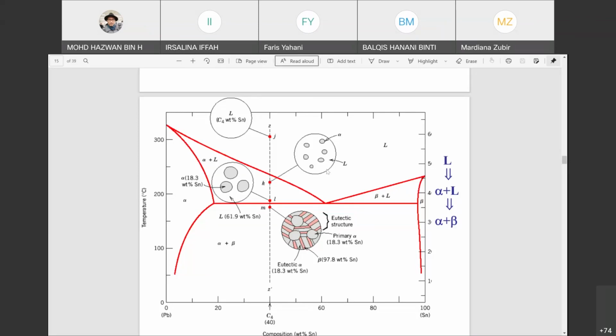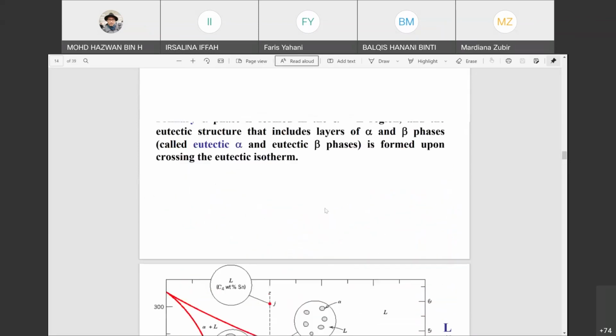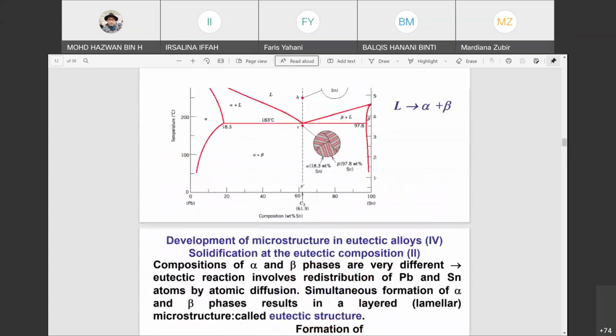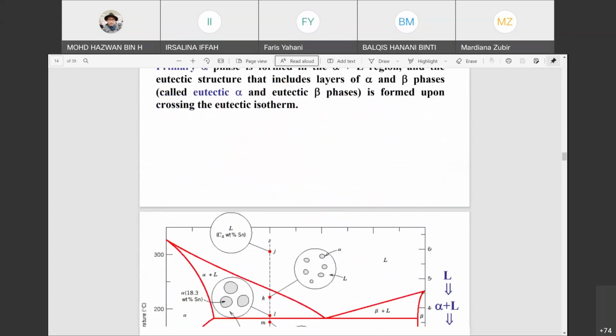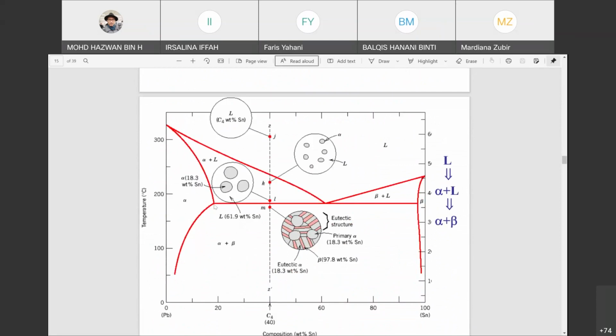It is not the same as at the eutectic composition, where you don't have any primary alpha, just lamellar structure. But in between 18.3 until 61.9, this is the microstructure: you have lamella and also primary alpha.